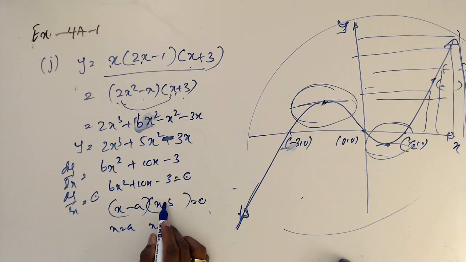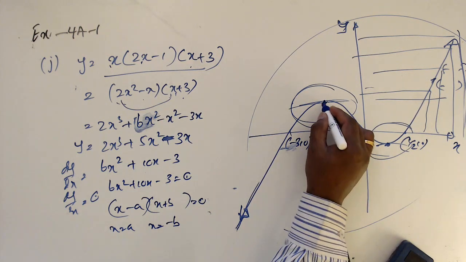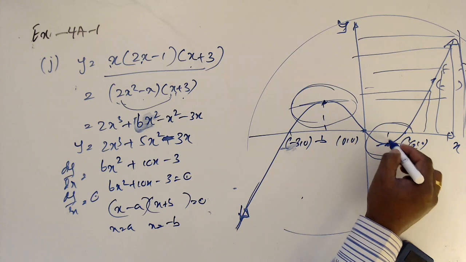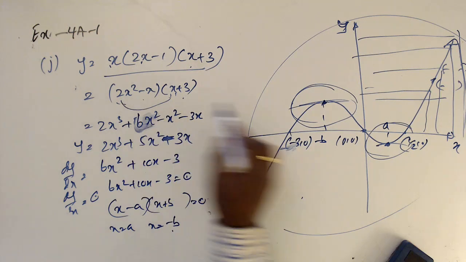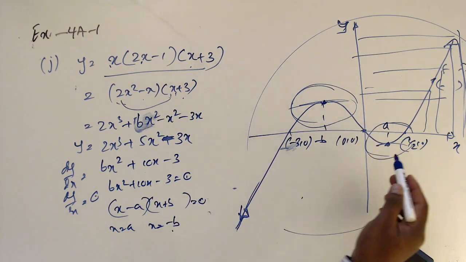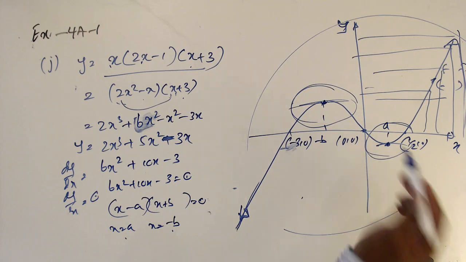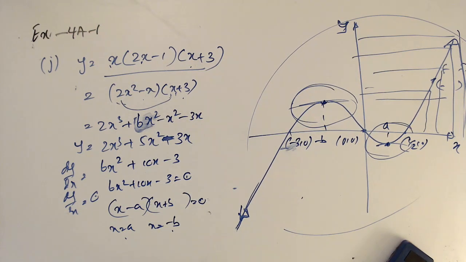Then when you put minus b into the equation, you get this point, and a into this one, you get this point. So you can find the local maximum and minimum. We will do this when we do differentiation, but this is just to give an idea.